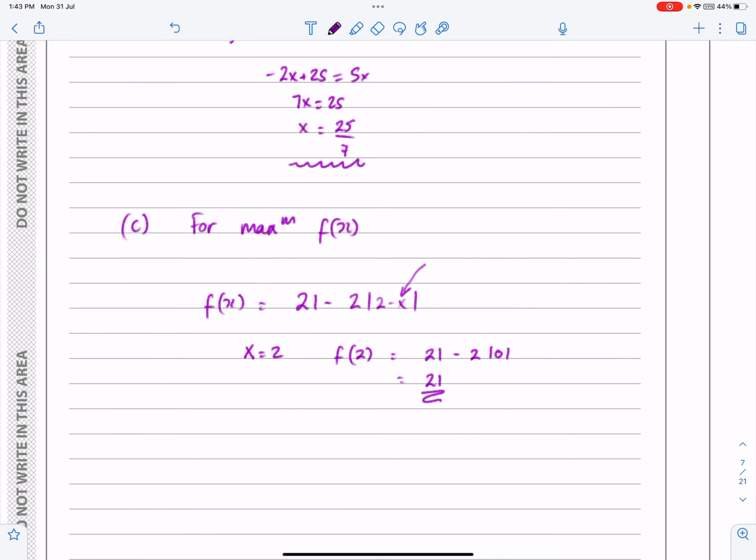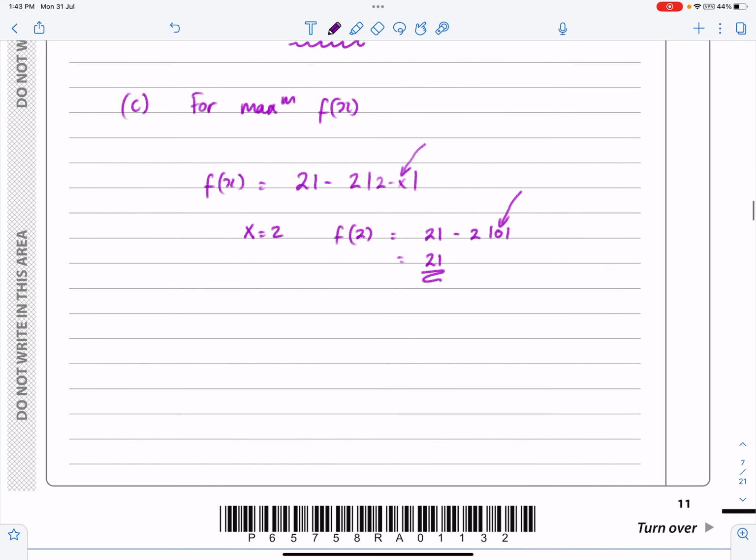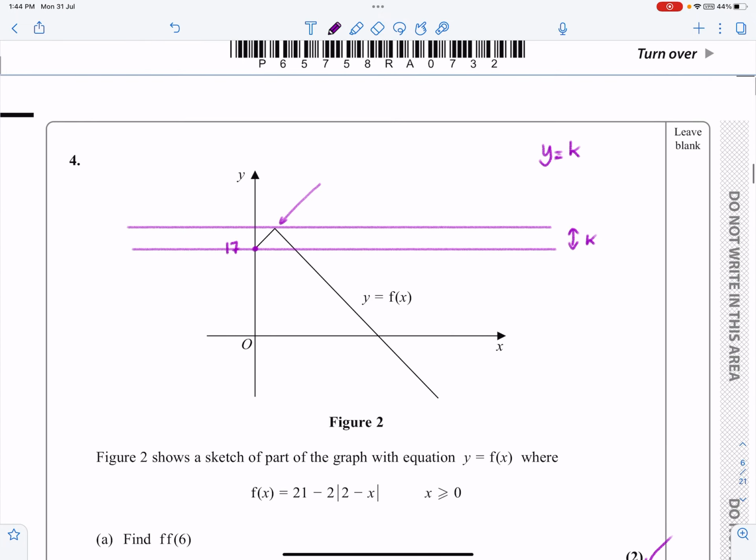Any other value you put in, you'll get, whether it's positive or negative, a value inside the modulus, which means I'll then be taking something away from 21, which will mean it'll get to be less than 21. So just take a little bit of time to think about that. The maximum point is (2, 21). And more importantly, that value there then is 21.